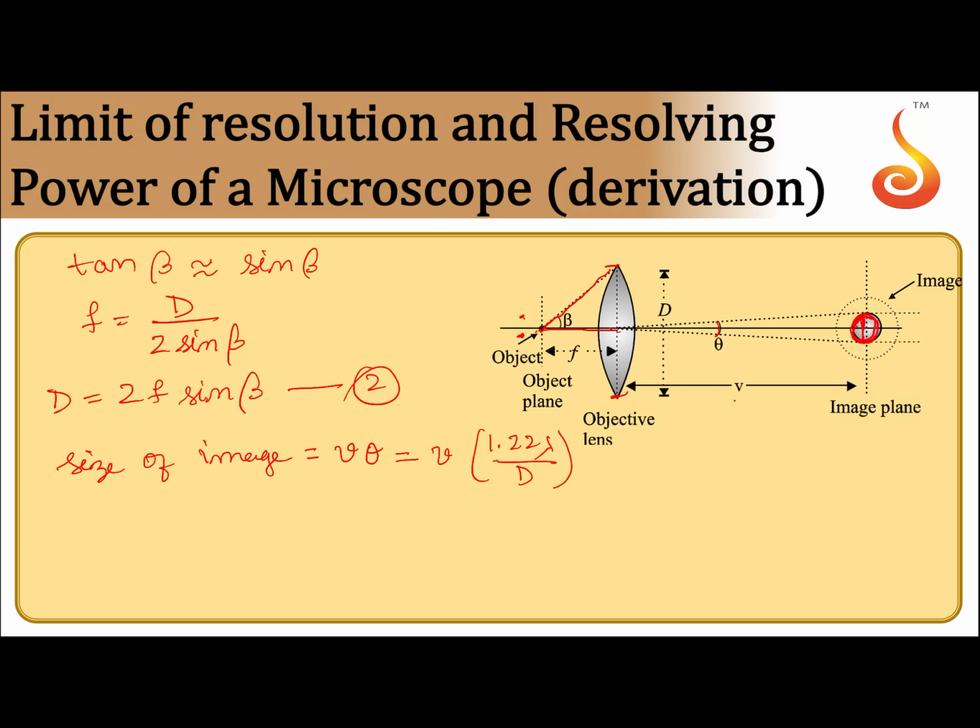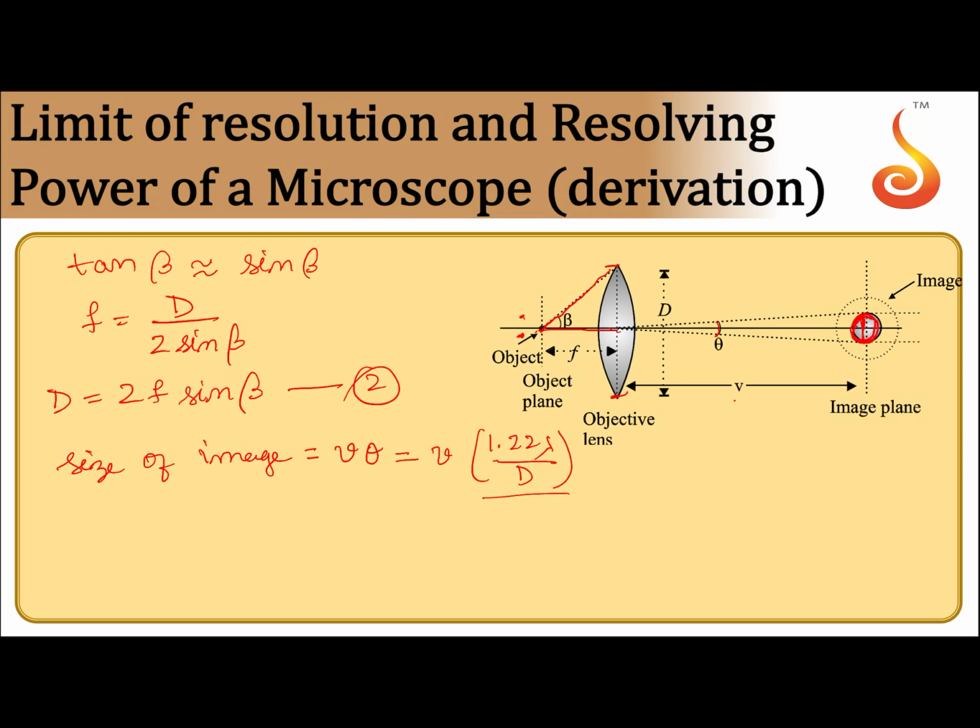So theta is the minimum resolvable angular separation. Two point objects in the object plane whose images are closer than this distance will not be resolved. If the two objects are at a distance less than this, then they cannot be resolved.